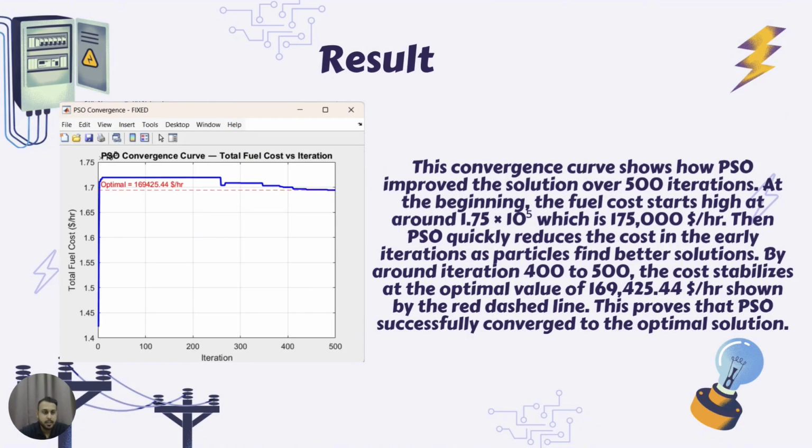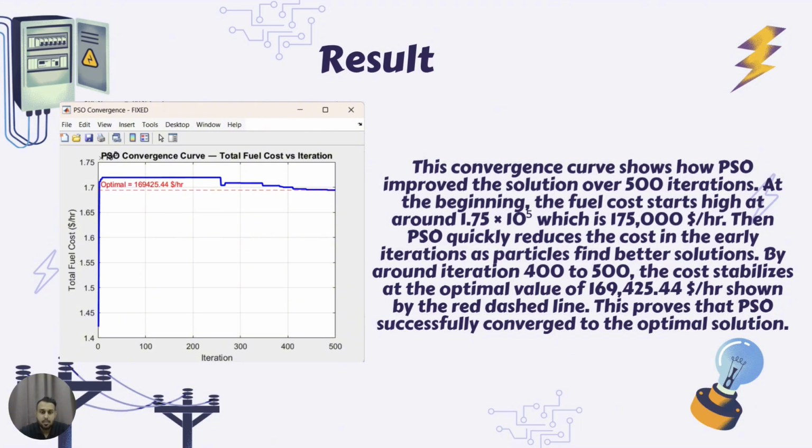So for the second graph, PSO convergence, this convergence curve shows how PSO improved the solution over 500 iterations. At the beginning, the fuel cost starts high at around 175,000.